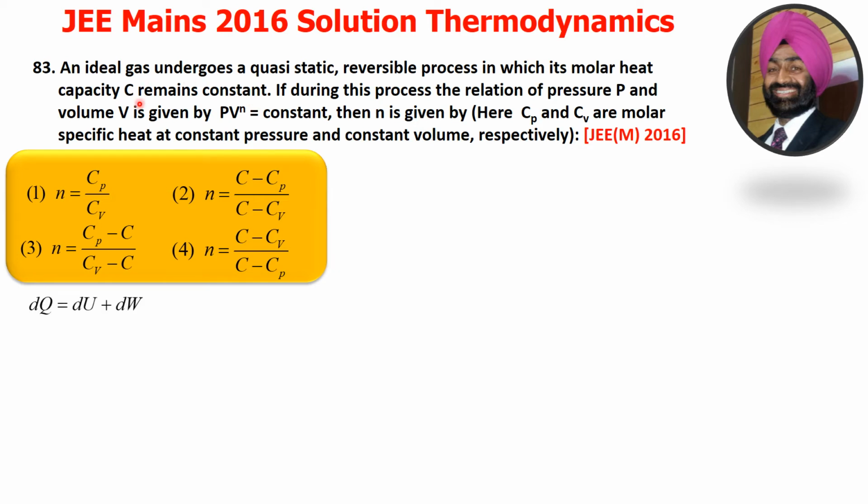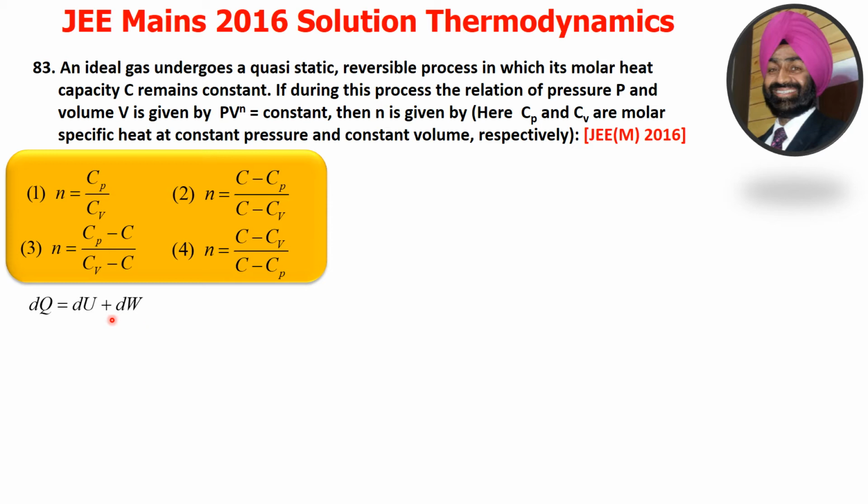So first of all, dQ equal to dU plus dW, the first law of thermodynamics: heat given to a system is used partially in increasing the internal energy of the system and the remaining goes for doing work.